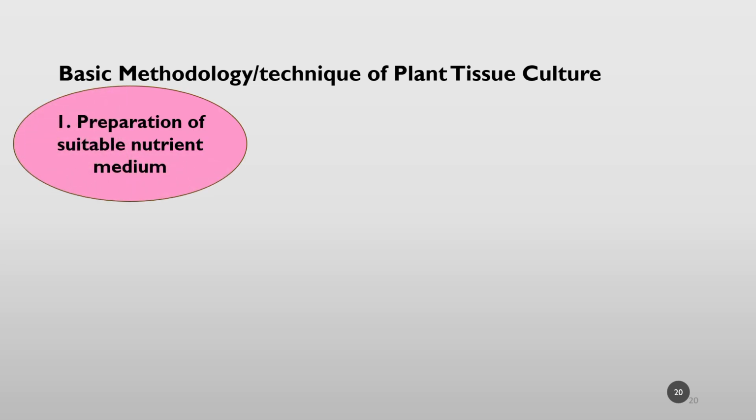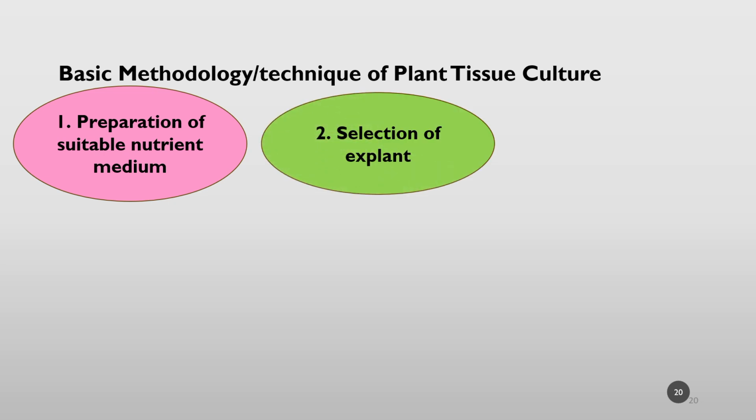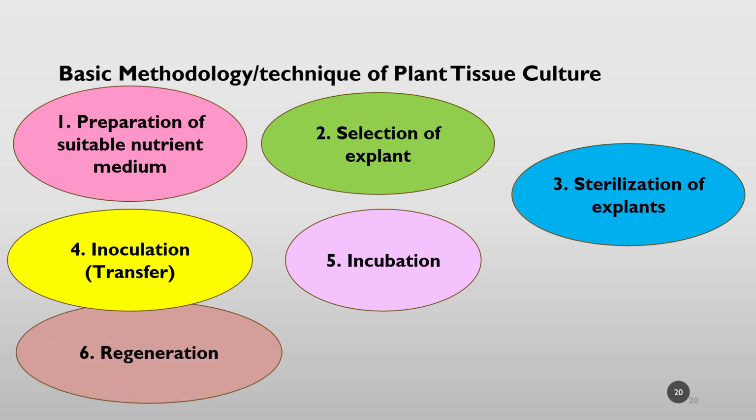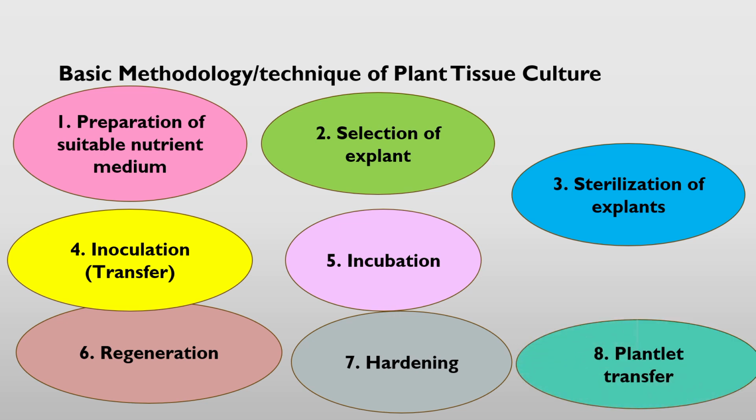Basic methodology or technique of tissue culture, which you should remember: number 1, preparation of suitable nutrient medium; number 2, selection of the explant; number 3, sterilization of explant; number 4, inoculation, transfer of the explant to the medium in an aseptic manner; number 5, incubation; number 6, regeneration; number 7, hardening; number 8, plantlet transfer to the greenhouse.